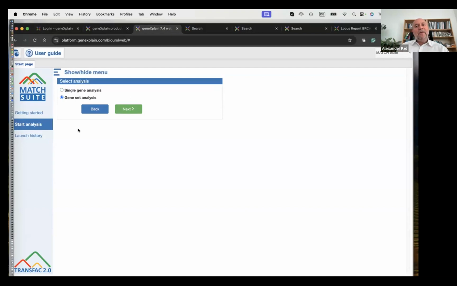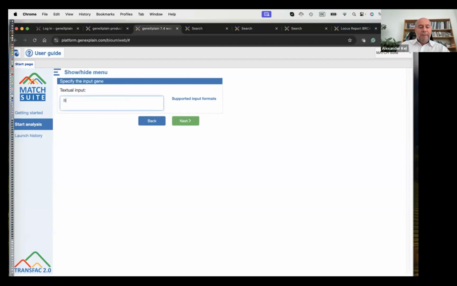And there is a principal difference in these two approaches. We can discuss it. I think I have some questions about gene set analysis, but now we are looking for just one gene. So you click on Next, and now you put here the same name, for instance, BRCA1. You click Next.